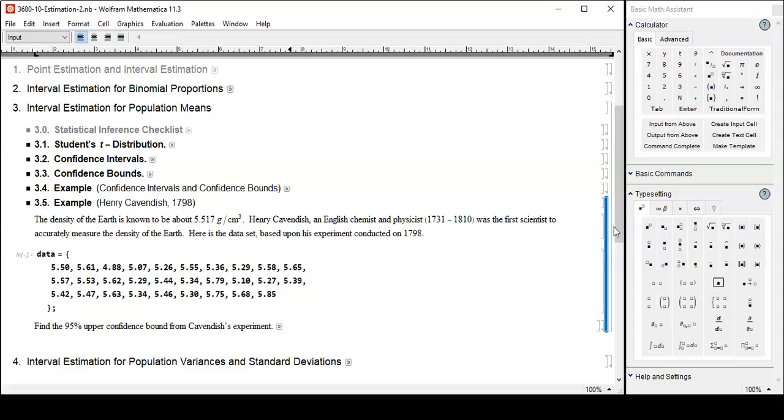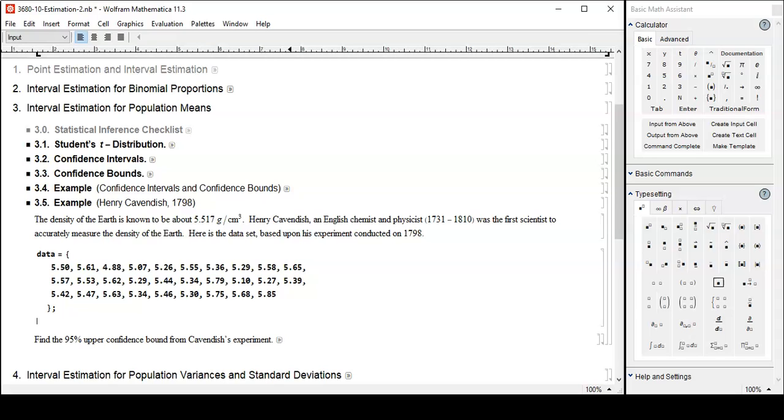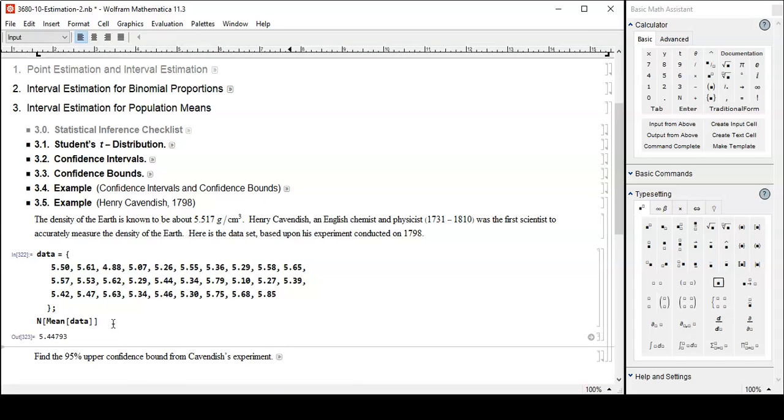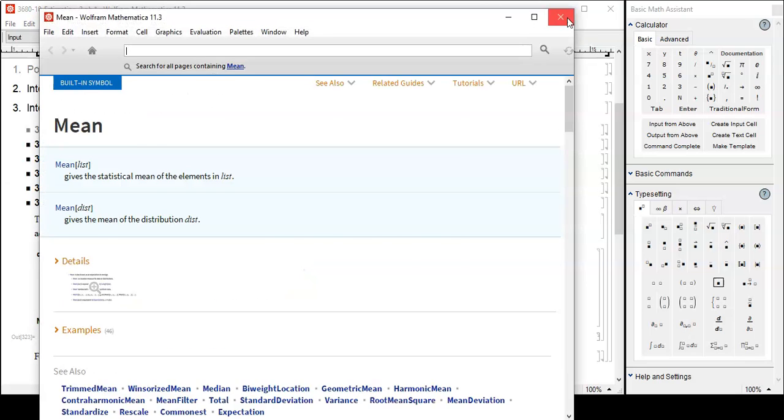So, unlike the previous example, which was kind of made up, this is real. Find the 95% upper confidence bound from the Cavendish experiment. Well, let's see. This is the data. So the mean is 5.44 something.